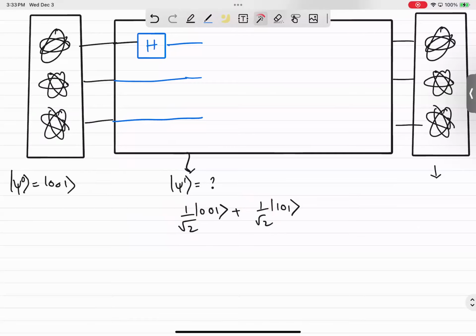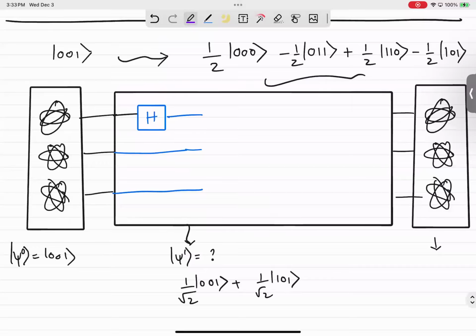Any suggestions? We should do Hadamard again somewhere, right? So because we need to split further, and there's no way around that. If I just use CNOT, it's only going to map basis states to basis states. It's not going to create new superpositions. Okay, so you can do Hadamard on second or third as well.